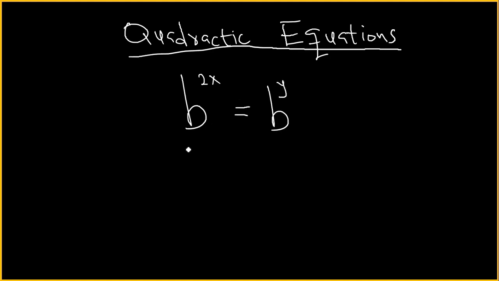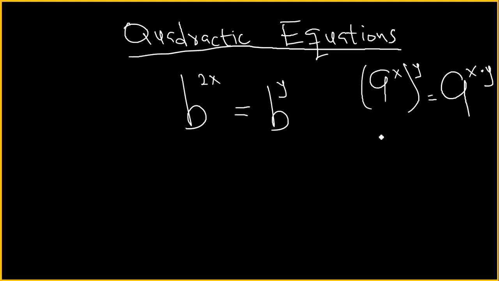From the power law, anytime we encounter a raised to the power x, all raised to the power y, this is also written as a raised to the power x times y, which gives us a^(xy).